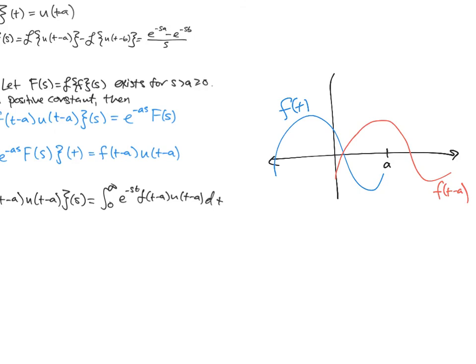So our function is going to look like this. And so this green one is f of t minus a times u of t minus a. The important part for the integral that we're doing is that our green function, the f times the u, is equal to 0 for everything less than a.